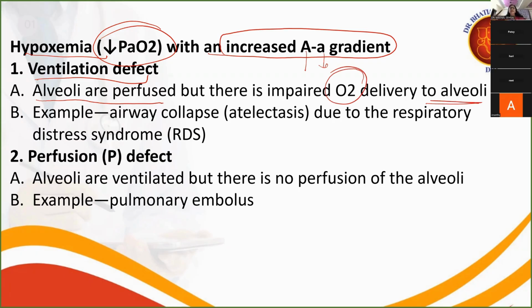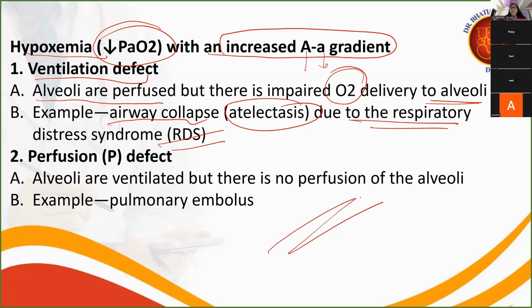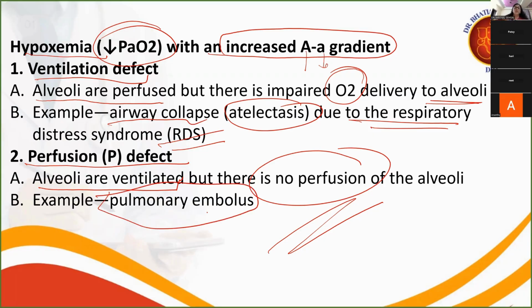The alveoli themselves do not have enough oxygen, like there is alveolar collapse, airway collapse in atelectasis, for example respiratory distress syndrome, which we just read about, because of the deposition of proteins here. Or there are perfusion defects, when alveoli are ventilated but there is no blood supply, as happens in pulmonary embolism. So these are all causes of increased gradient.